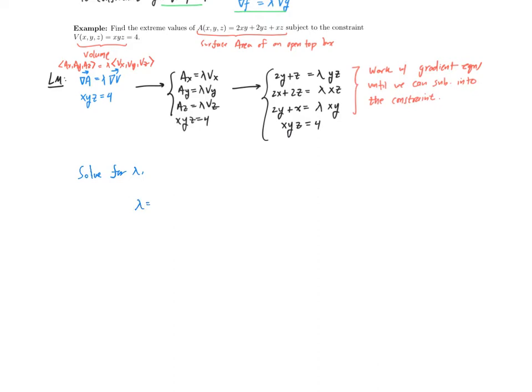If we solve for lambda in the first equation, we would have 2y plus z over yz. If we solve for lambda in the second equation, it's the same lambda, and that would leave us with 2x plus 2z, all divided by xz. And in the third equation, 2y plus x over xy.